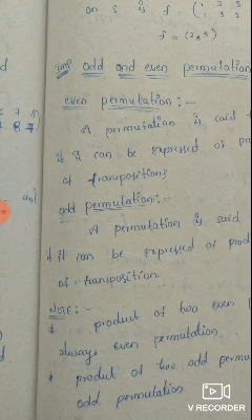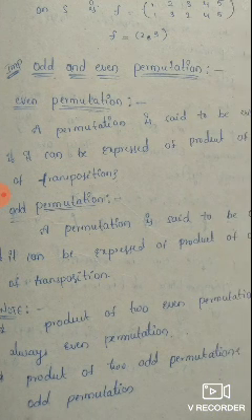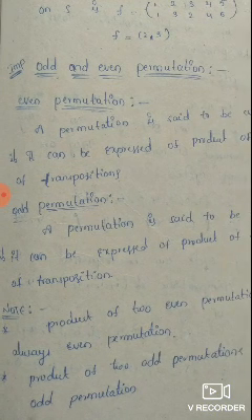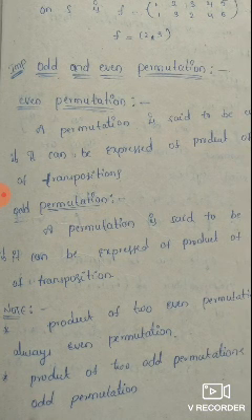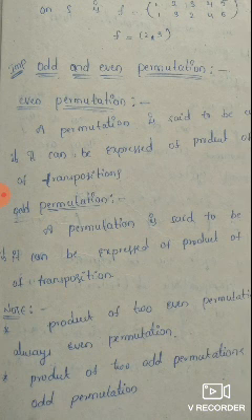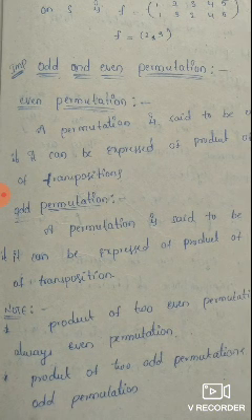So this is the topic I would like to discuss: with an example, even permutation and odd permutation.